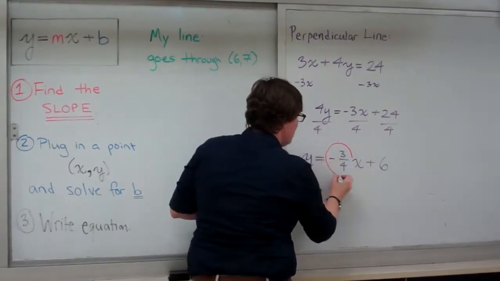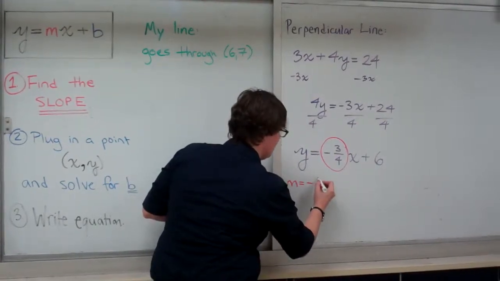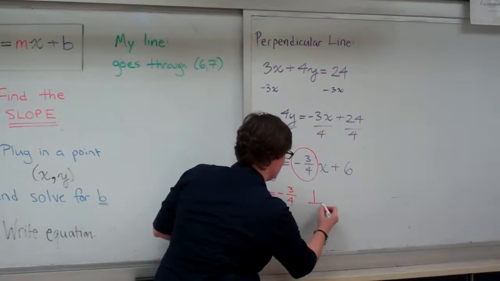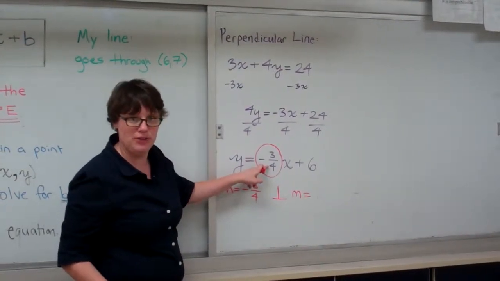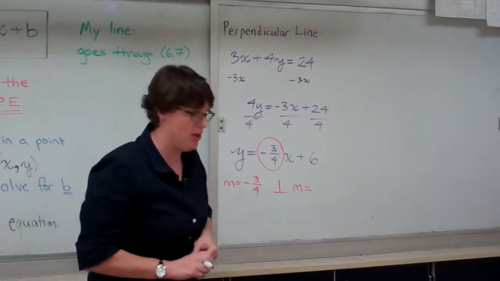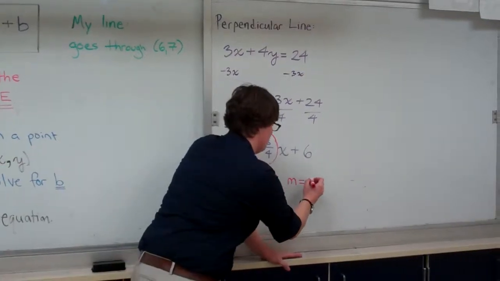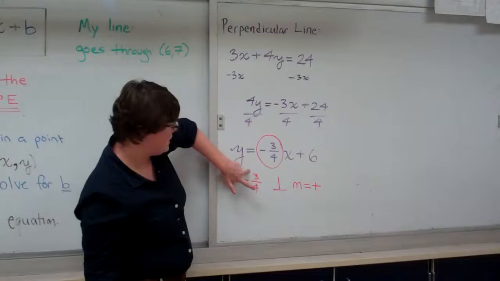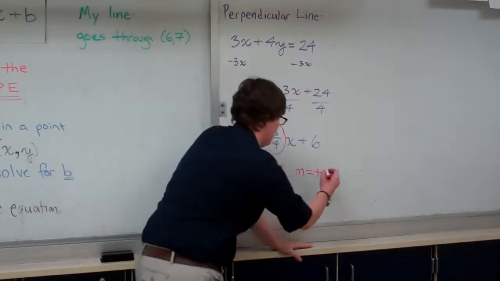So, if the perpendicular line has a slope that's equal to negative 3/4, any perpendicular line will have a slope that is the opposite reciprocal of that. We need to switch everything. This slope was negative, so our slope is going to be positive. This slope had 3 on the top and 4 on the bottom. Our slope is going to flip that.